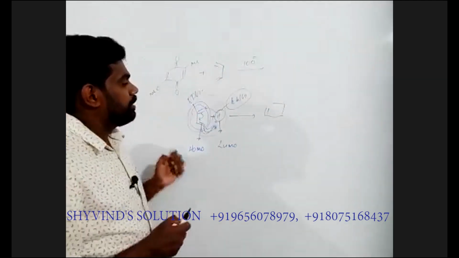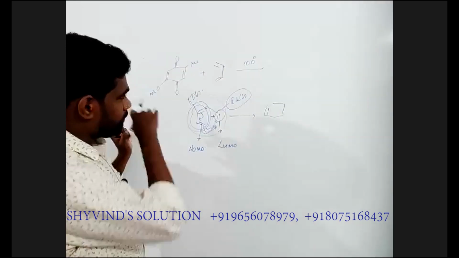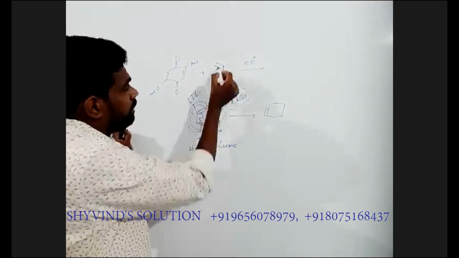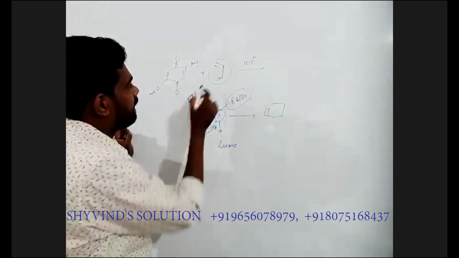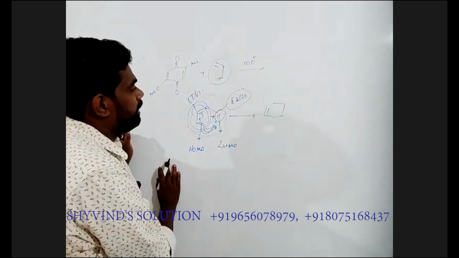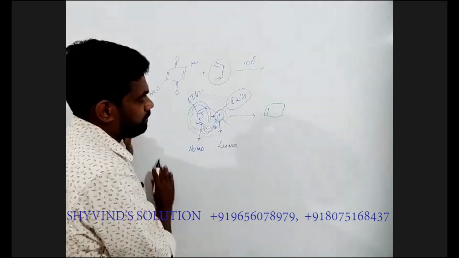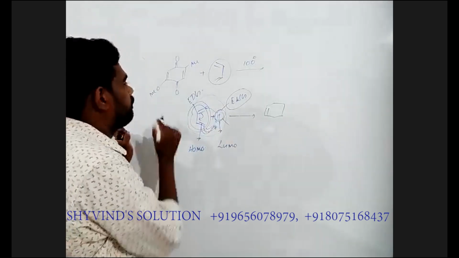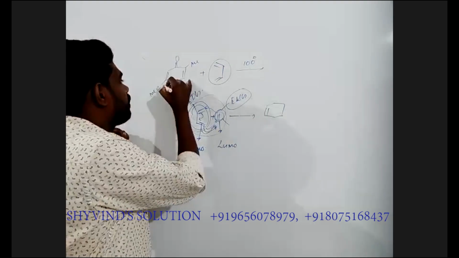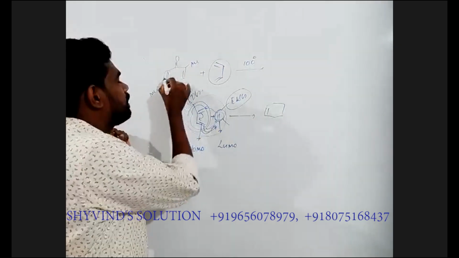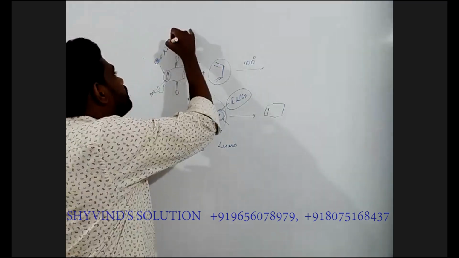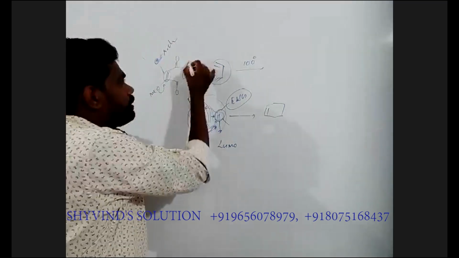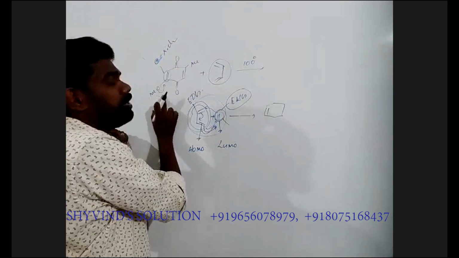So how can we apply this here? If this is the diene reacting with this one, this should be electron deficient. We know OMe is a good electron donor, so this double bond is much more electron rich than this one. This is also an electron donor, but this is a much better electron donor.